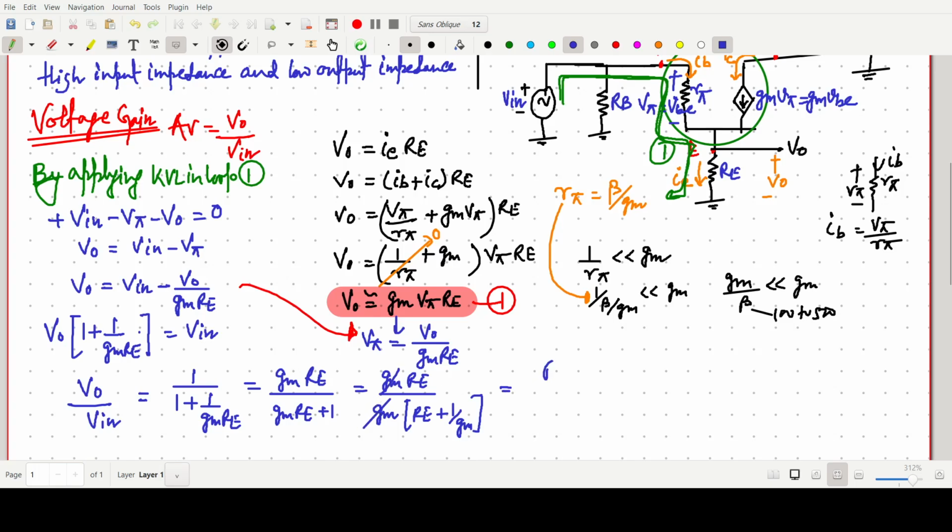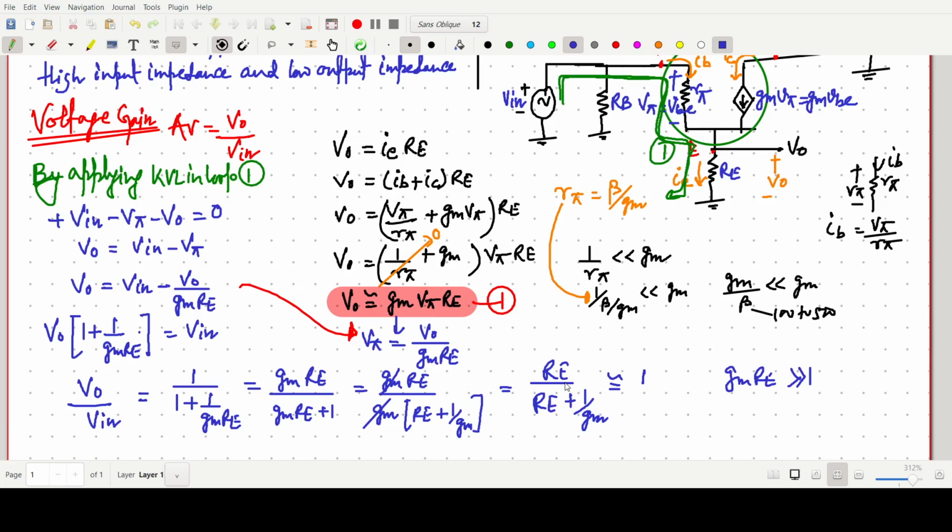So this is also one of the expressions we can write, RE by (RE plus 1 by gm). Or we can simply remember gm RE by (gm plus RE). Now gm RE is much greater than 1, so this value is nearly equal to 1.